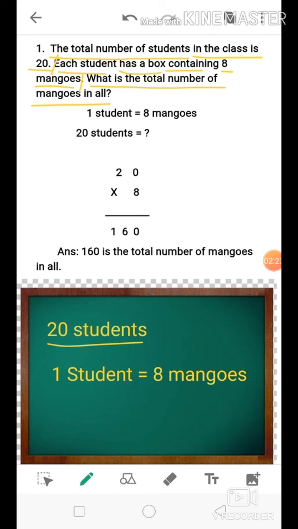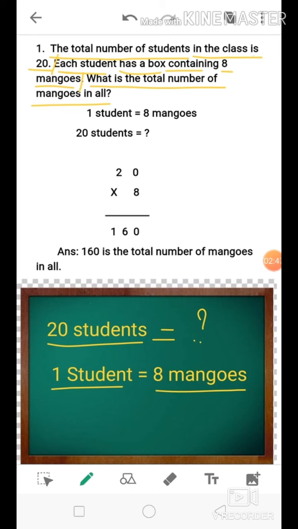Each means one student is having 8 mangoes. What is the total number of mangoes in all? After writing the statement, now this place is empty, the question mark will come here.